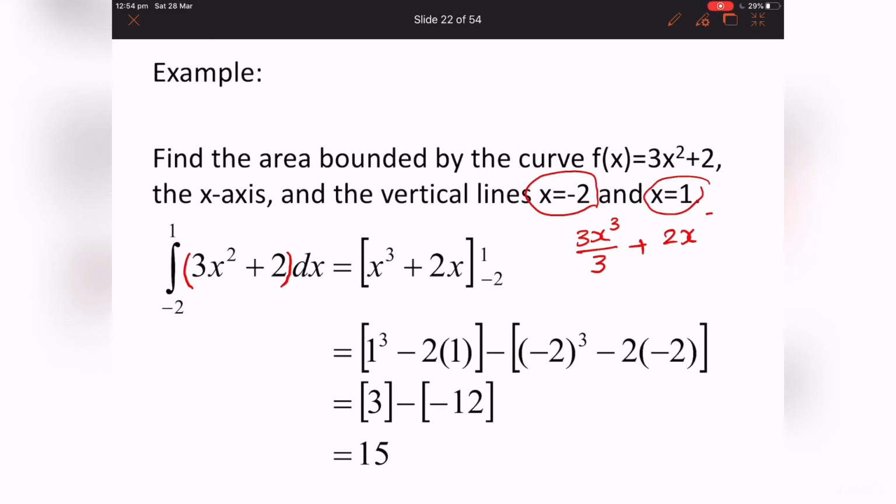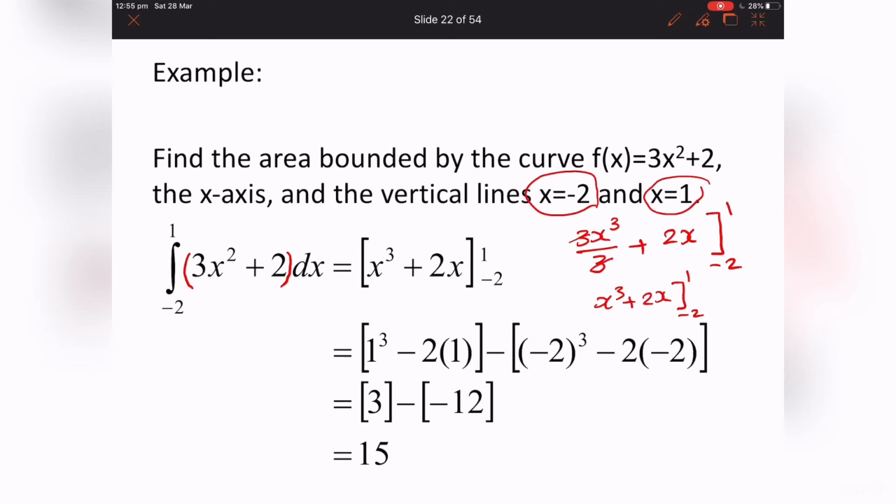We put the limits from minus 2 to 1. We can cancel down: this 3 and this 3 go together, and we end up with x cubed plus 2x, bounded between minus 2 and 1.